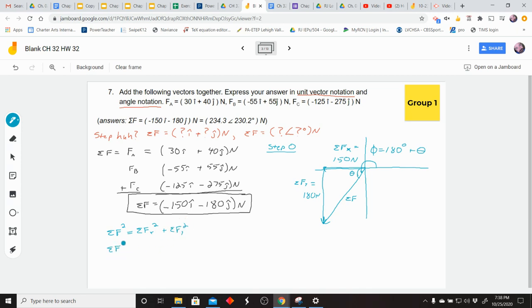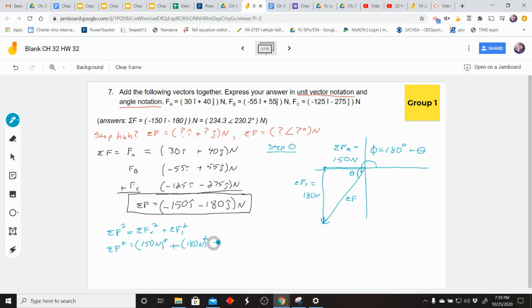So sigma F squared is equal to 150 newtons squared plus 180 newtons squared. That's a plus. Ask your calculator what that's equal to. 150 squared plus 180 squared. And you get a big number.